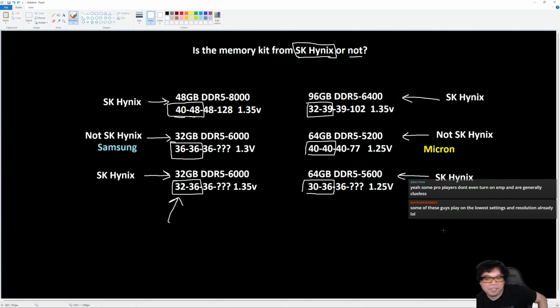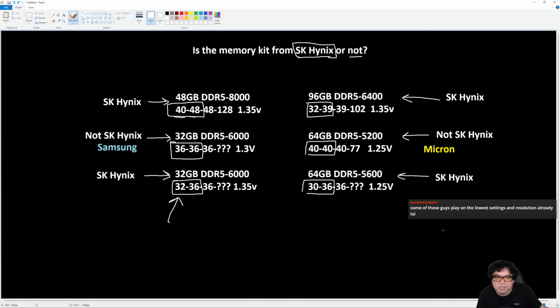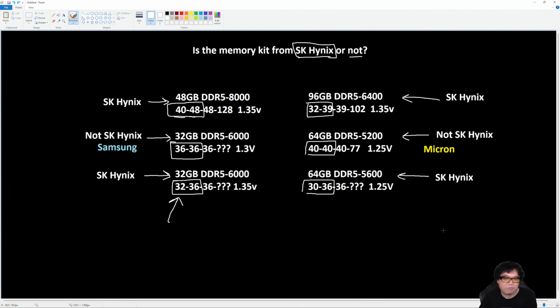So at the end of the day, tuning memory for FPS is more of a hobby thing. You're doing it for the thrill of seeing the impact on the hardware. I guess it improves the FPS, but I personally don't think that makes much of a difference.